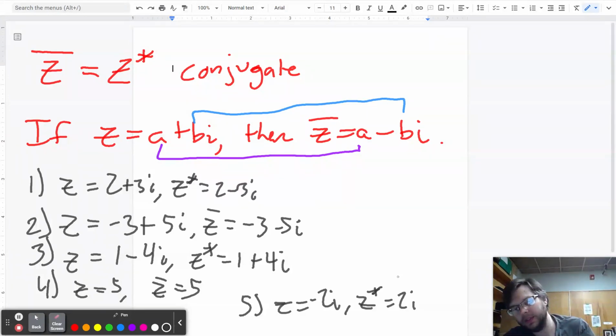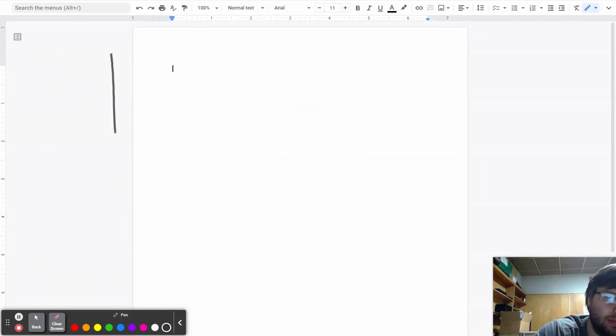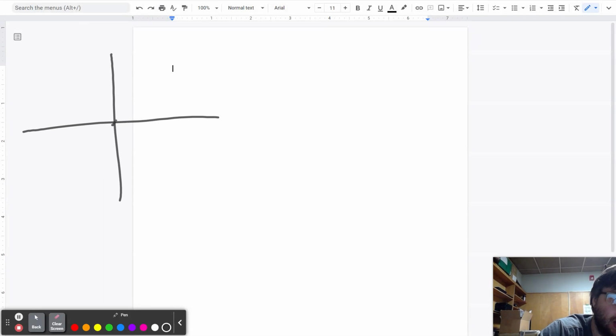So, a couple things that you might find interesting about this. If we think about a complex number being right up here, we can break that down into the real part and the imaginary part.